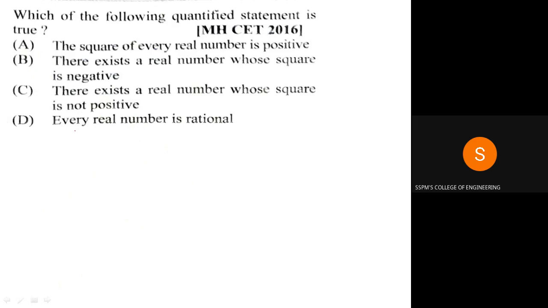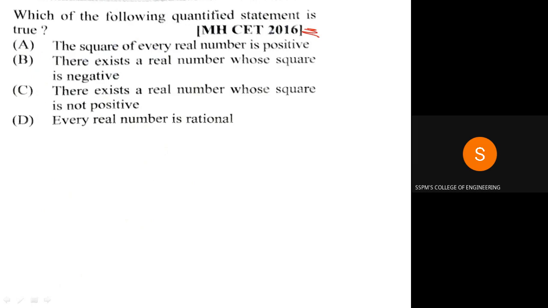Which of the following quantified statements is true? Okay, which one is true? All these sentences A, B, C, and D are statements. We have to find which one is true. This question was also asked in the CET examination.